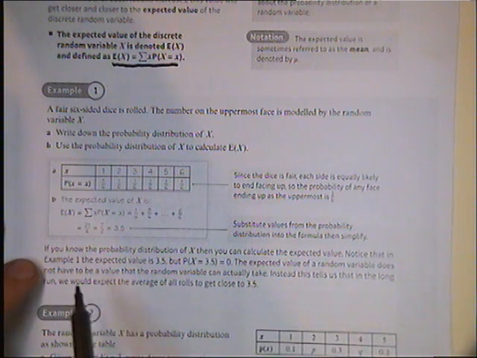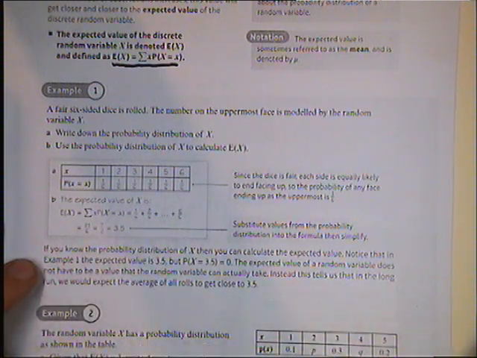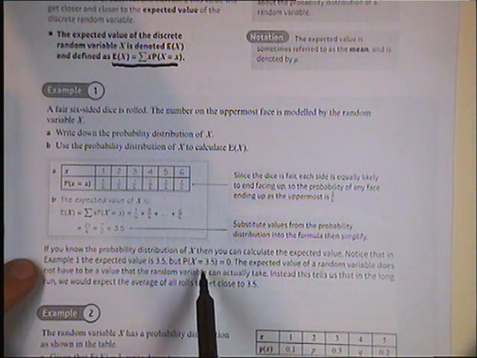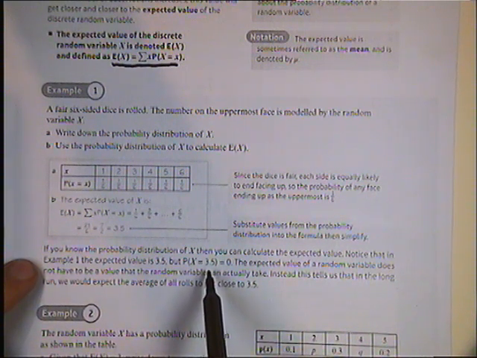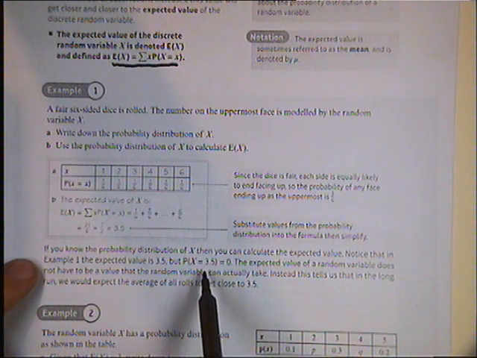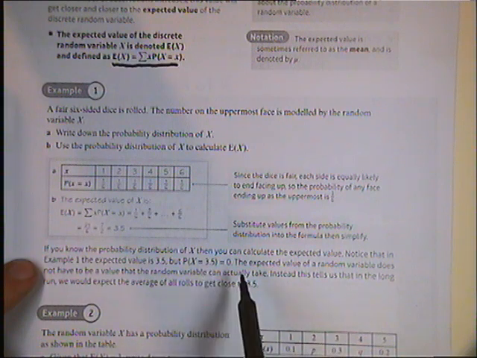Notice that in example 1, which we just went through, the expected value is 3.5. But probability of X equals 3.5 is 0, because none of the sides of the dice is labeled as 3.5.